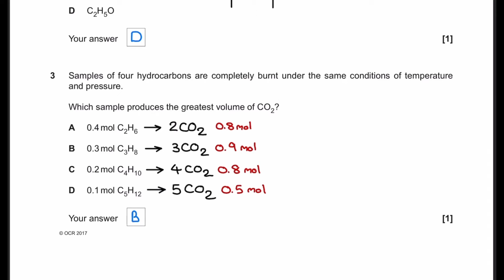I can then use this ratio, for example the top one here of 1 to 2, in determining the number of moles of CO2 produced when this hydrocarbon is combusted. So 0.4 mole of ethane, which is the C2H6, is going to produce 0.8 mole of the CO2. And I do this all the way down the list, leading me to my correct answer of B.